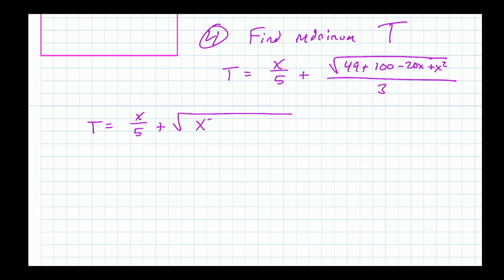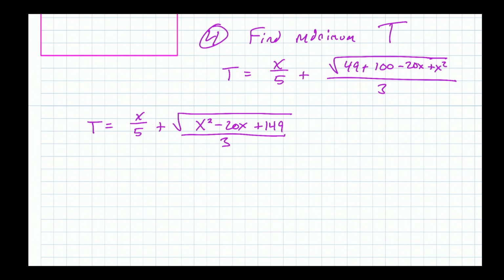So we have, I'm going to write it this way, x squared minus 20x plus 149. That's not like a difference of squares, right? No, of course not. That's interesting. That's kind of hard, isn't it?